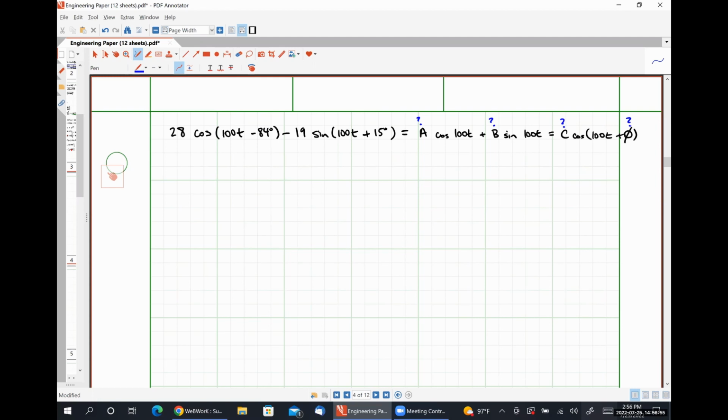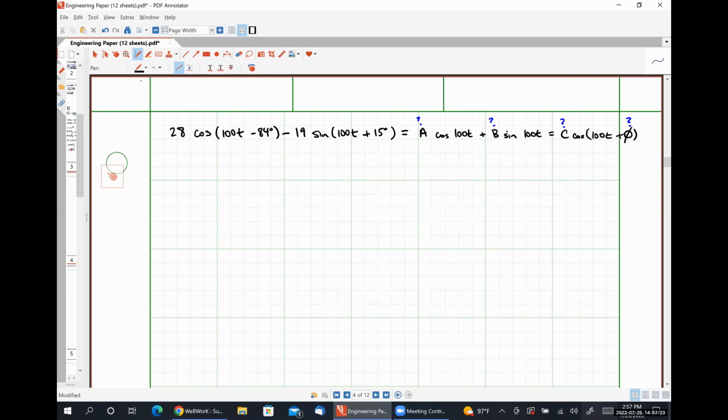Now, in the example problem that I worked, we effectively did all of the steps of this problem. And it took absolutely forever. So what I'm going to do here is talk about a shortcut to solve this problem just using complex numbers.